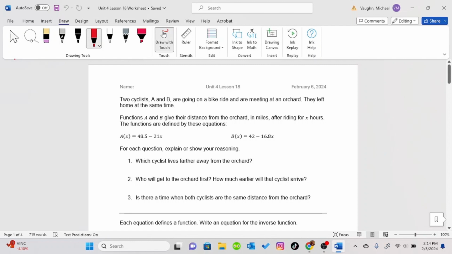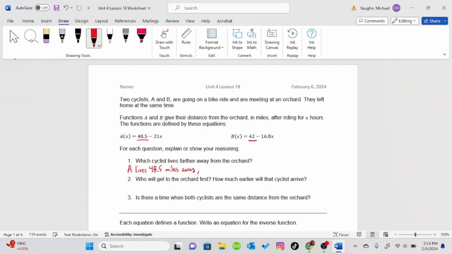So if we look at A, the intercept is 48.5. So A lives 48.5 miles away.